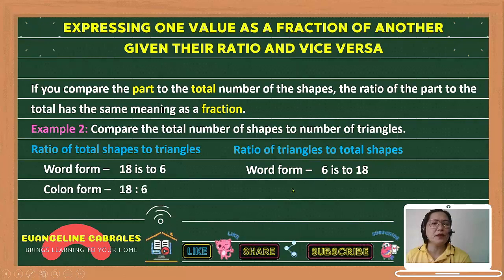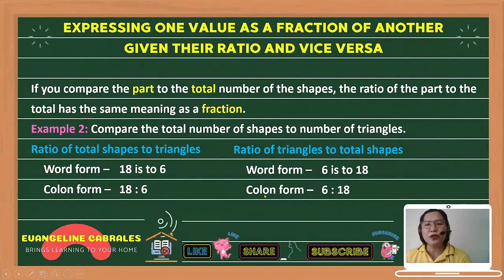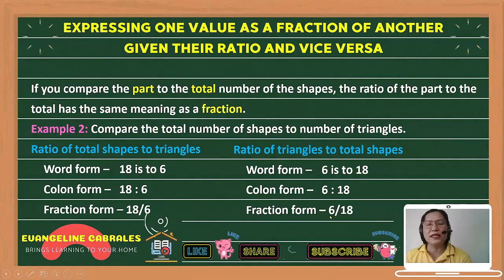Then in colon form, 18:6. The colon form of its vice versa is 6:18. Then, the fraction form is 18 over 6. And the vice versa is 6 over 18. So, I hope natandaan na ninyo kung paano magsulat ng ratio using word form, colon form, and fraction form.